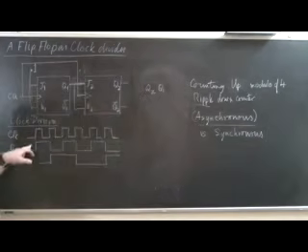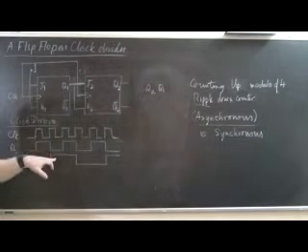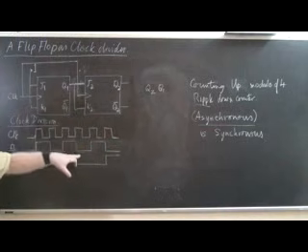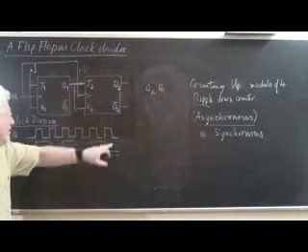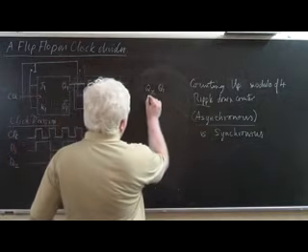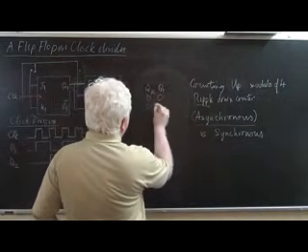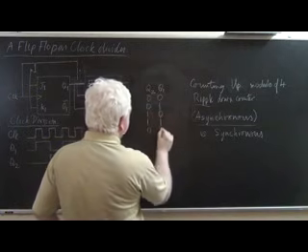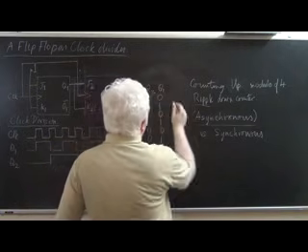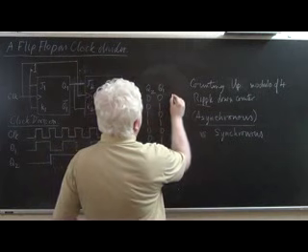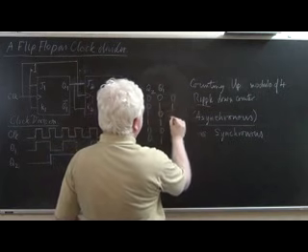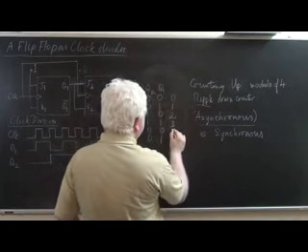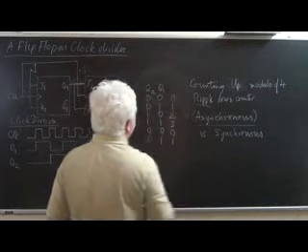You have 0, 0, 0, 1, 1, 0, 1, 1, 0, 0, 0, 1, 1, 0, and so on. So 0, 0, 0, 1, 1, 0, 1, 1, 0, 0, 0, 1, which is clearly an up counter. 0, 1, 2, 3, 0, 1.